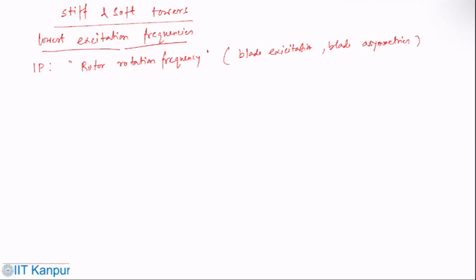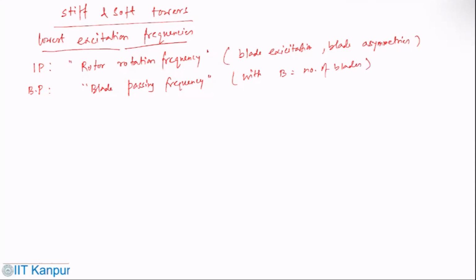Okay. BP is blade passing frequency with number of blades.